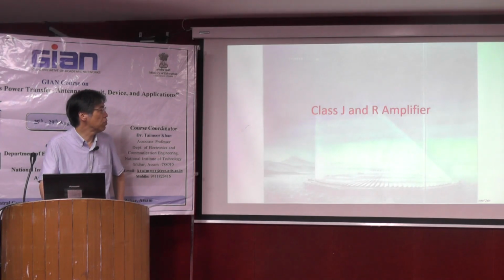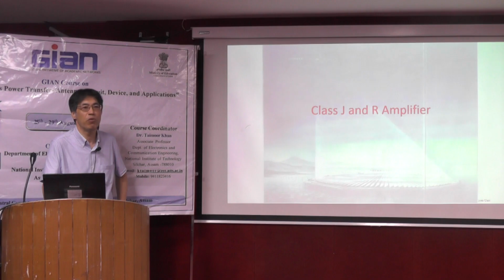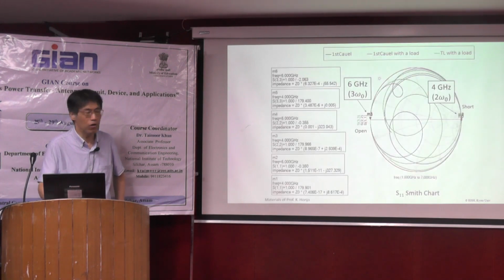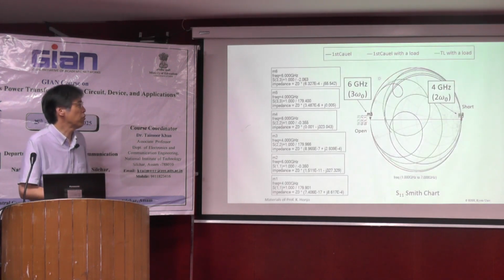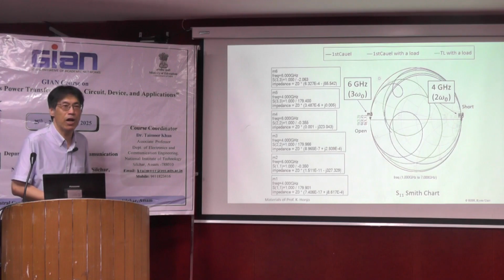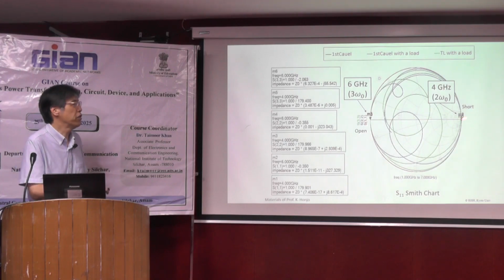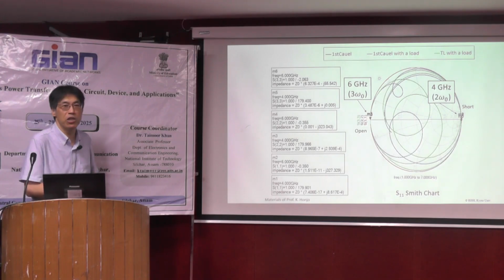Additionally, recently a famous Japanese professor of amplifiers proposed the class J and class R. As I mentioned, when we would like to develop the class F amplifier, this relationship of the impedance must be 0 and infinity.